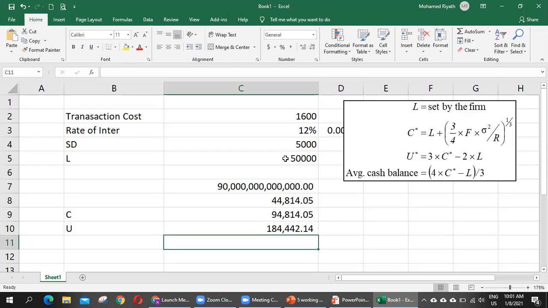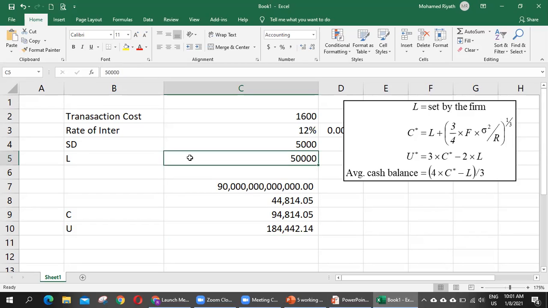Then how much? 184,000, isn't it? So we have found the upper limit, the optimum point, and the lower limit.